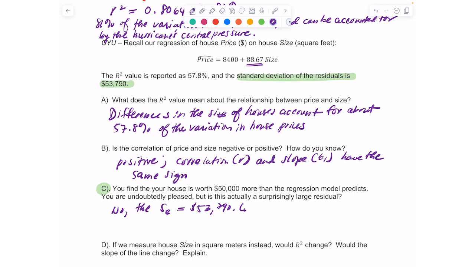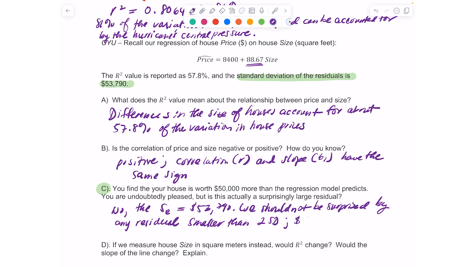So we should not be surprised by any residual smaller than 2 standard deviations, and since 50,000 is less than 53,790, 50,000 is less than 1 standard deviation.